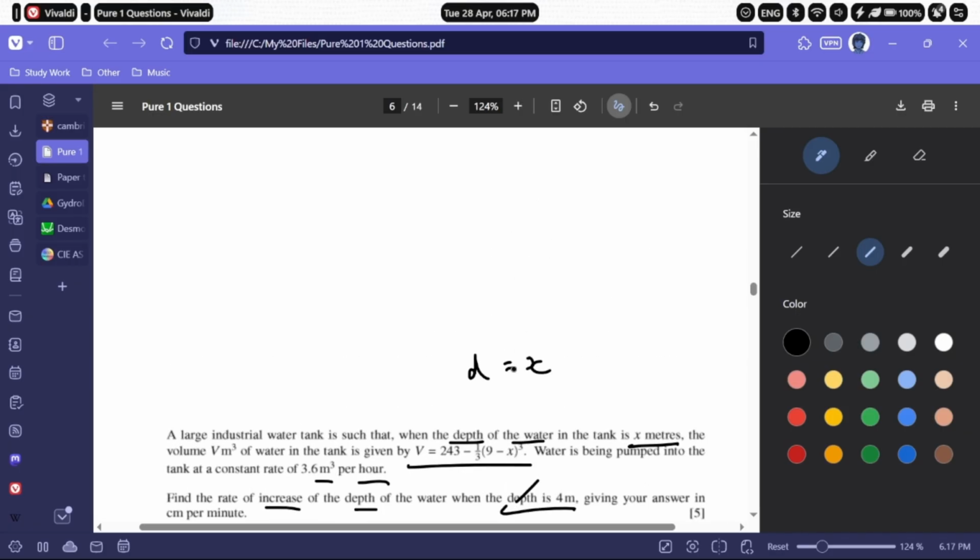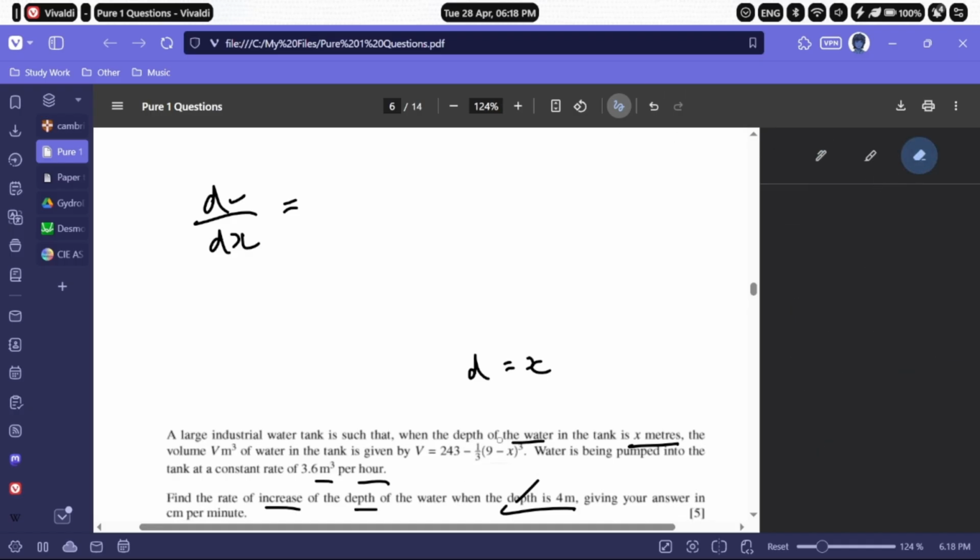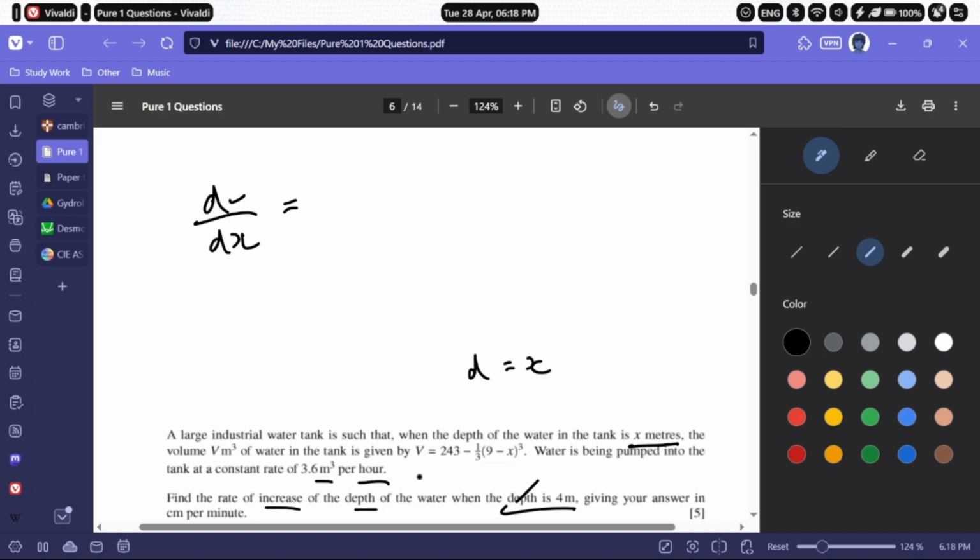So dv by dx is, 243 is just a constant that does not matter. Then multiplied by 3, okay? And then another thing is that you have 9 minus x in this case. So I'll just write the general form.